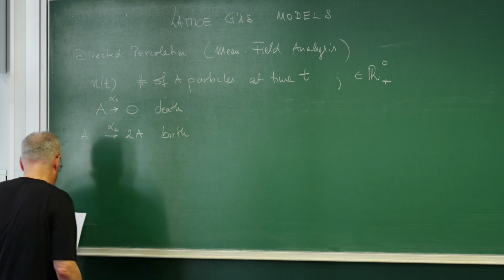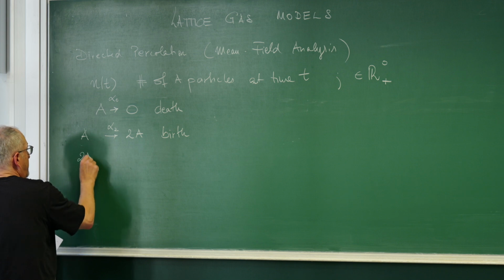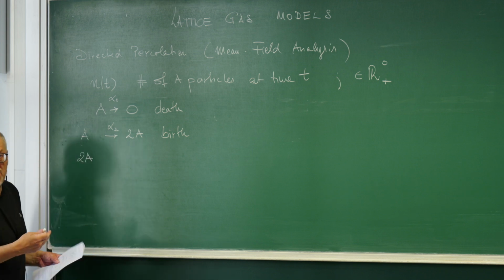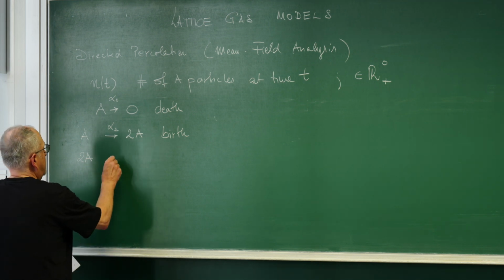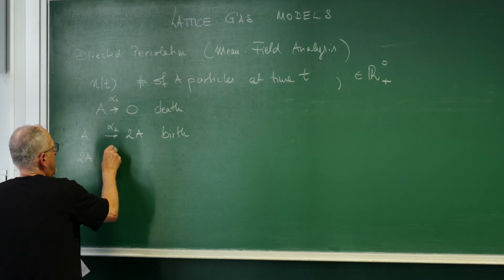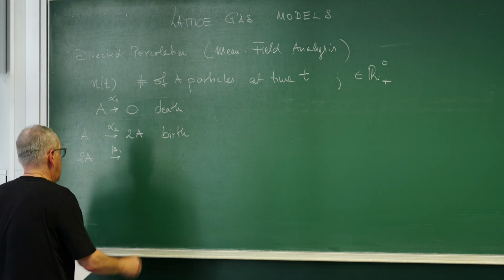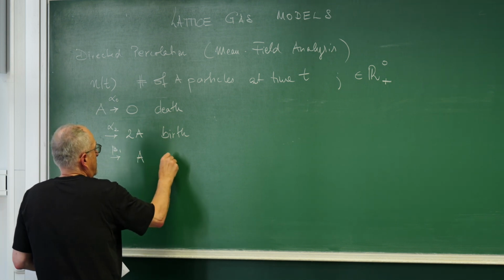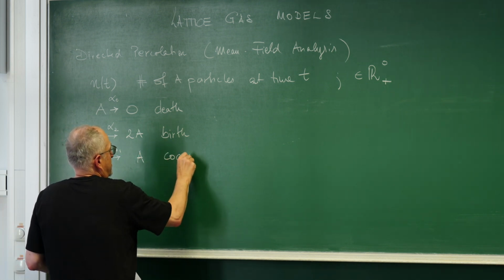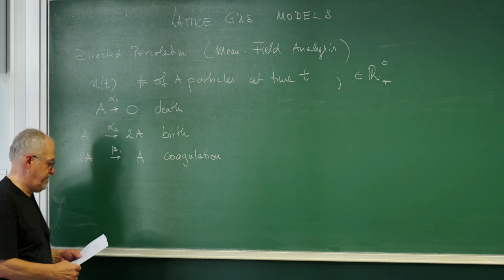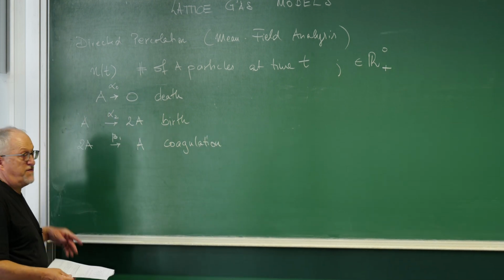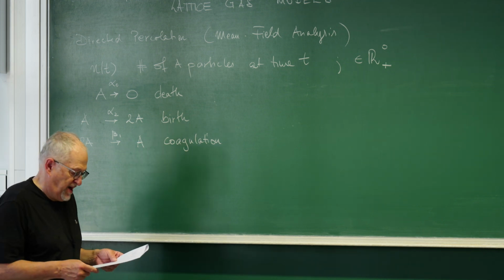That is birth. And if 2 come together, that's kind of a competition effect. They compete for some resources. That's the picture behind that. And then with a rate beta 1, you have just one individual A left. Okay. There's also diffusion, but let's just look at the reactions alone.